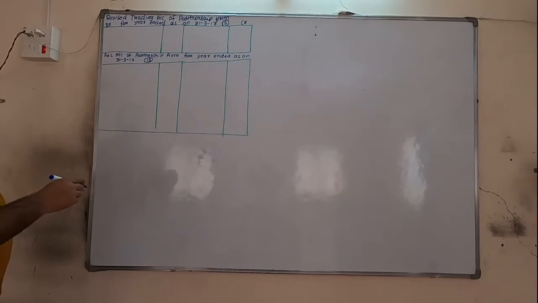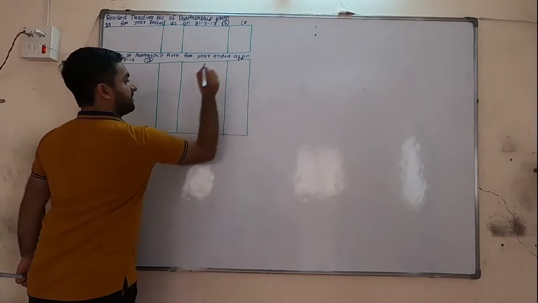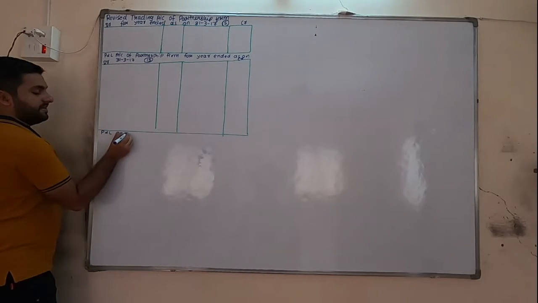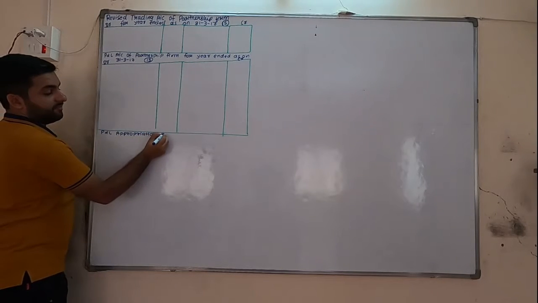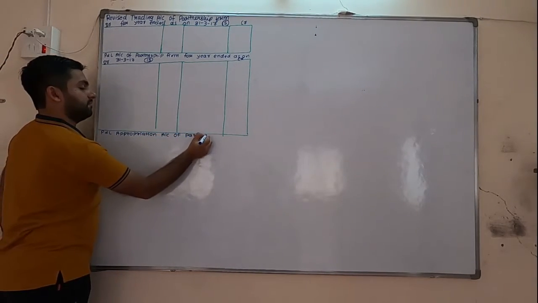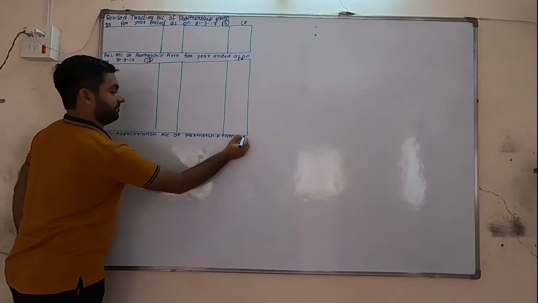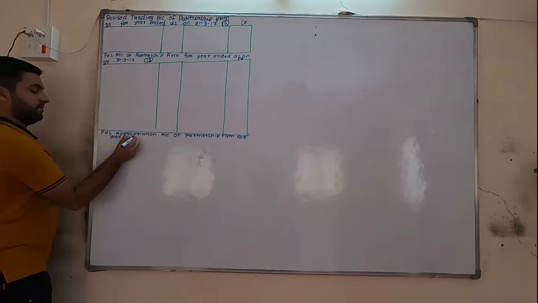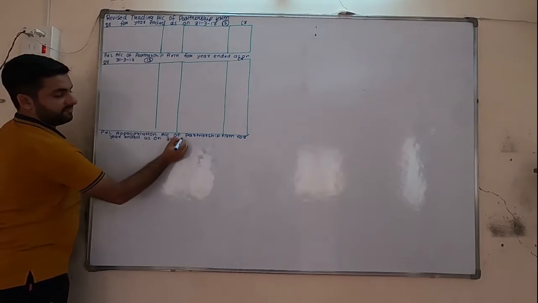Now the maximum transactions will come in the next account, that is appropriation. So next is P&L appropriation account of partnership firm for year ended as on 31/3/17.